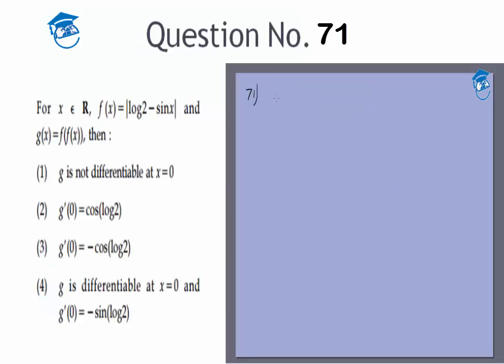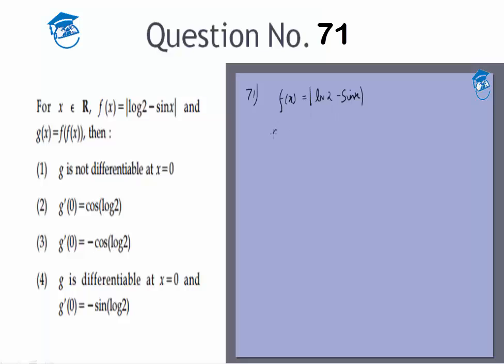In Q71, we are given f of x is equal to mod of ln2 minus sin x, and g of x is equal to f of mod of ln2 minus sin x, right?